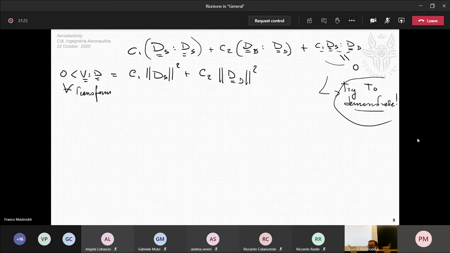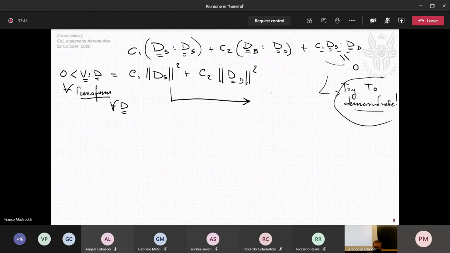So in the case of the same quantity, you have the square of the term. So you have a positive quantity. And what does it imply? This has to be greater than 0 for any transformation, which means for any D. And so this implies that C1 has to be greater than 0 and C2 has to be greater than 0.